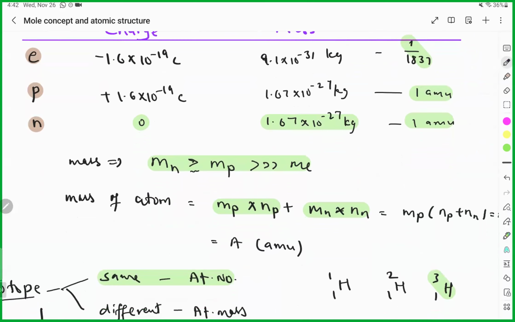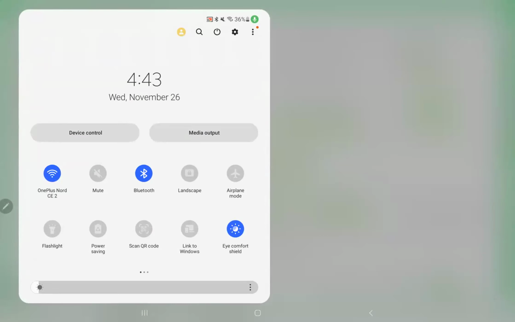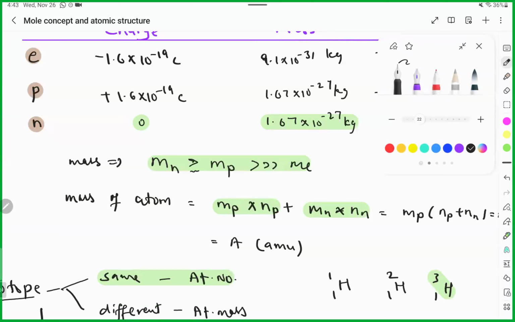Radhika, compared to proton, will you consider the mass of the electron? Sir, yes. The answer is no. Why?